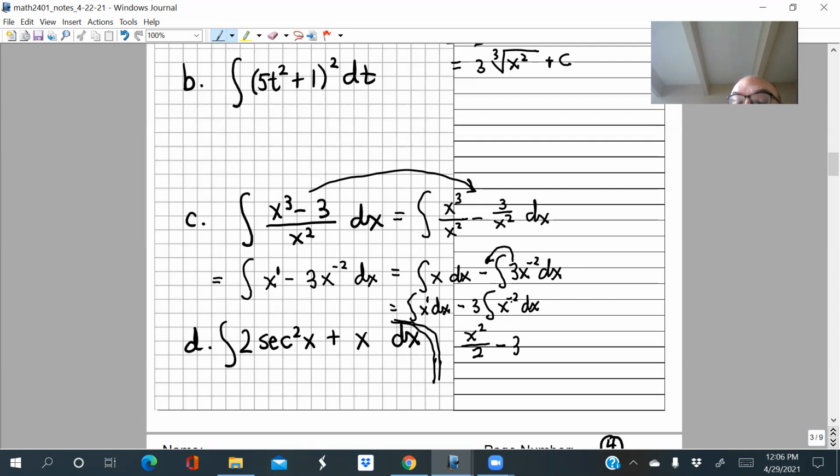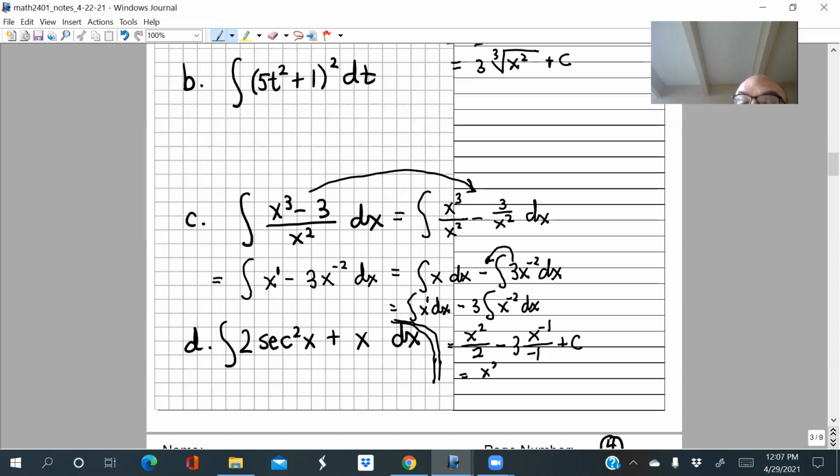What does the anti-power rule give you there? That would be x to what power? What's minus 2 plus 1? Minus 1, and divide by minus 1, and then add the constant.